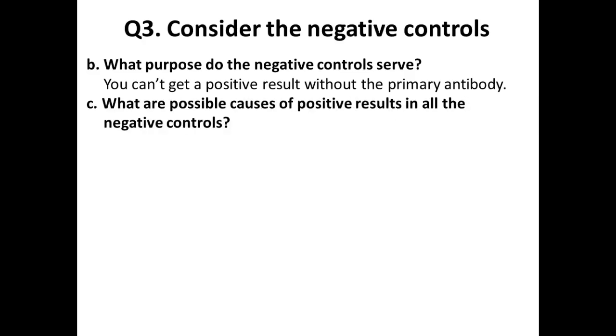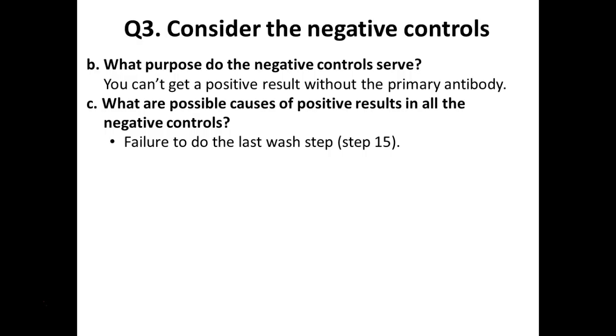Okay, what are possible causes of positive results in all our negative wells? How can we get positives in our negative? Something went wrong, right? Somebody did something wrong. Maybe you forgot to wash, right?